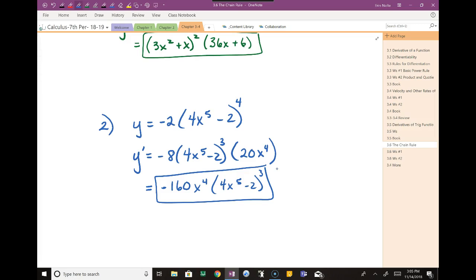Right? So what do you do if there's no exponent? You would just distribute it and just do the basic rule on it in that situation.